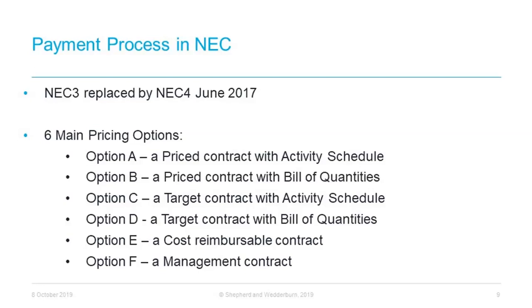F, a management contract. So just to take through those quickly, an activity schedule simply describes the works and activities that a contractor must perform in sufficient detail to allow the contractor to price the work. An activity schedule sounds quite prescriptive, but can allow the contractor considerable freedom. In contrast, a traditional bill of quantities requires the contractor to price each element of the work.